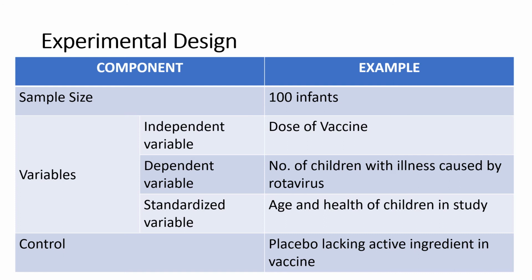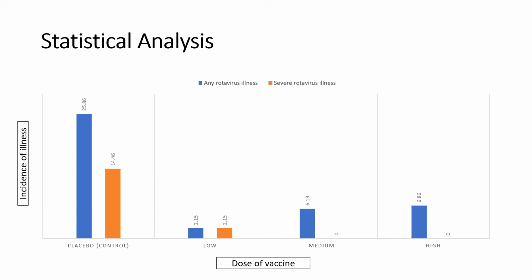And then the standardized variable would again be the age and health of children in the study. And for their control group, instead of giving them the vaccine, they gave them just a placebo, which lacks the active ingredient in the vaccine.